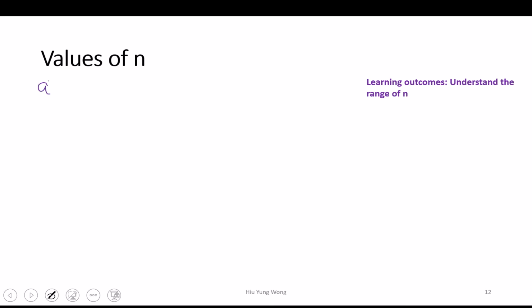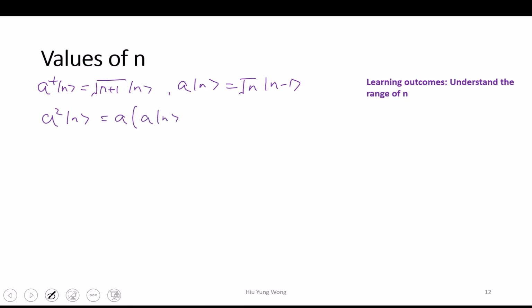So we know that a dagger n equals to this. Now, what if I apply it one more time? I do a squared on n. It means that I first apply a on n and then apply a one more time. When I do it the first time, what do I get?